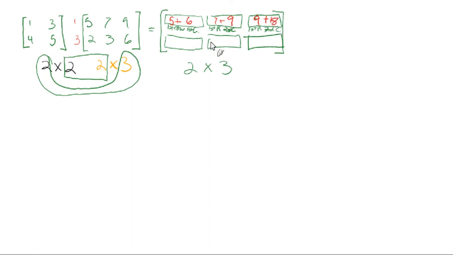Okay, now we're done. We've multiplied the first row by all 3 columns, and now we're going to go on to the next row. This is the second row, first column. So how are we going to find that?